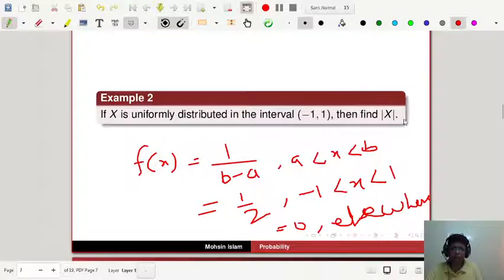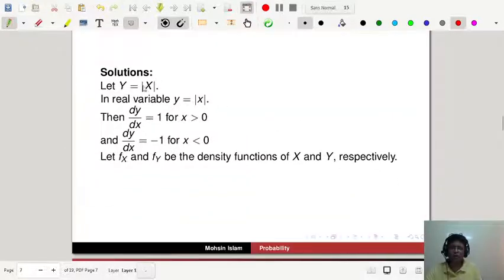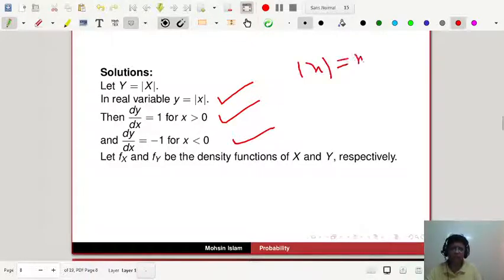Now we have to find the density function of mod X. So we have y equal to mod x, in real variable small y equal to small mod x. So dy by dx is equal to 1 for x greater than 0 and dy by dx equal to -1 for x less than 0, because you can split mod x into two parts: x for x positive and minus x for x negative.